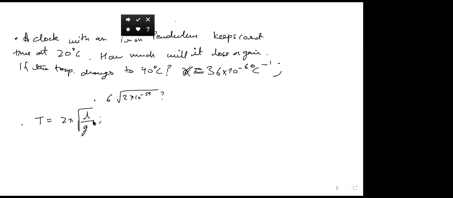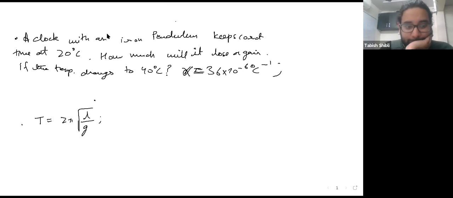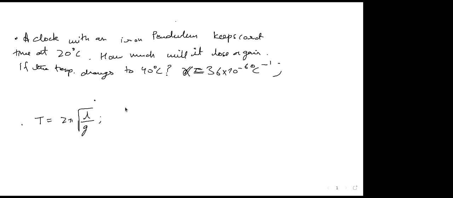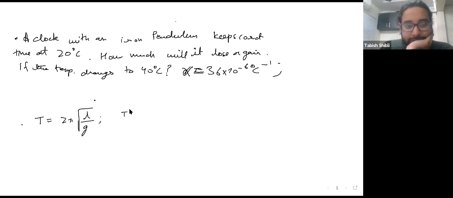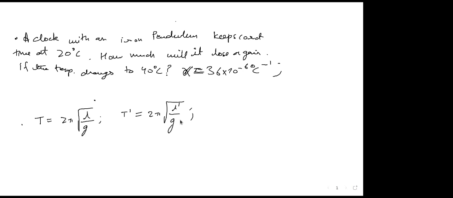Okay. Then T dash minus T. So what is T dash? It is 2 pi root L dash by G, right? Yes. Okay.